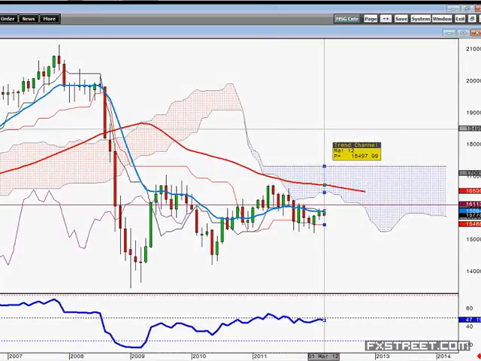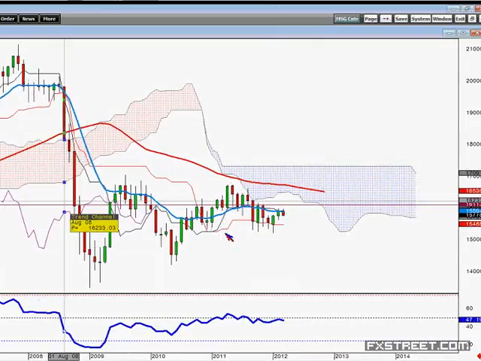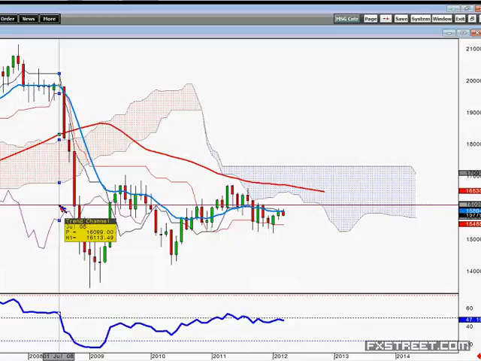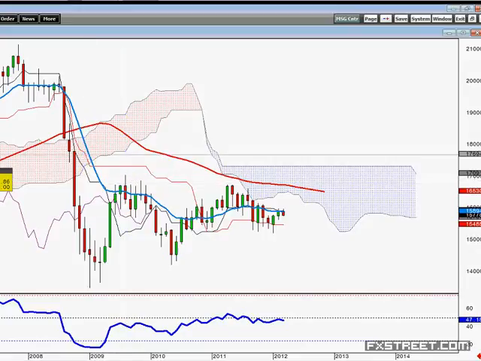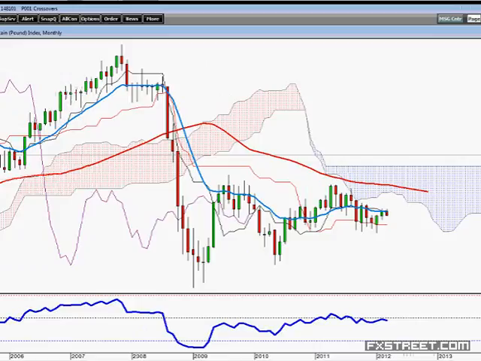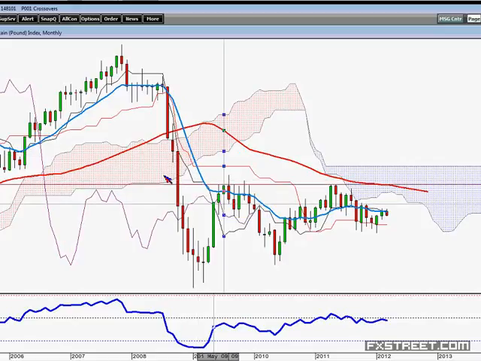Now this is a consolidating triangle formation. Quite a hard formation to trade. The bias is actually to break to the downside, but I don't think it will. And in fact, I'm not even too sure whether or not it's really a symmetrical triangle formation.